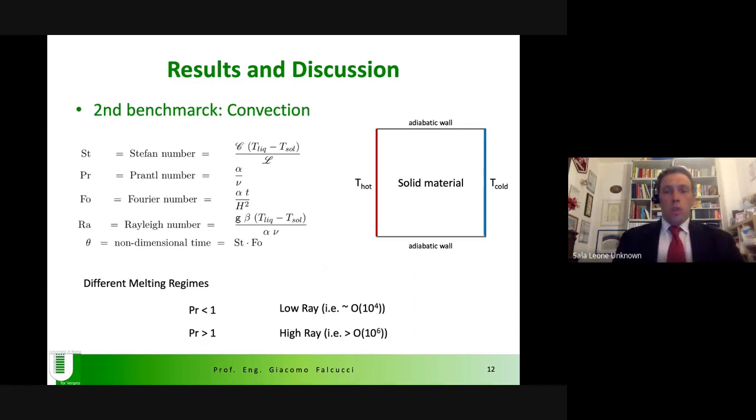For convection, which as I told you before is a much more complex issue, we have different melting regimes characterized by the Prandtl number, which can be lower or higher than 1. For lower than 1, we see that the melting is similar to what happens for metals.